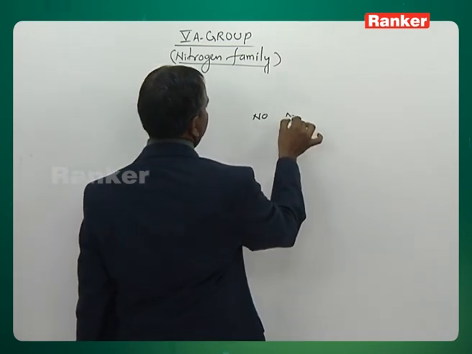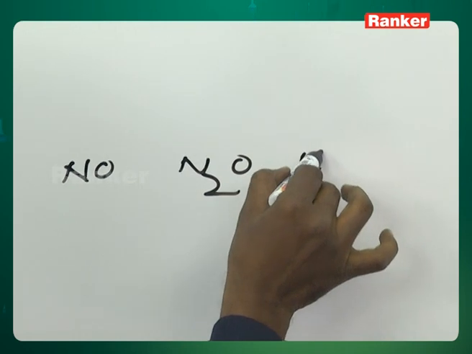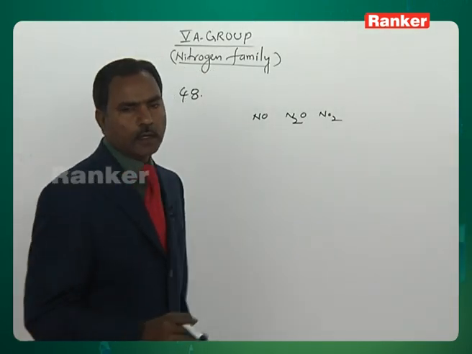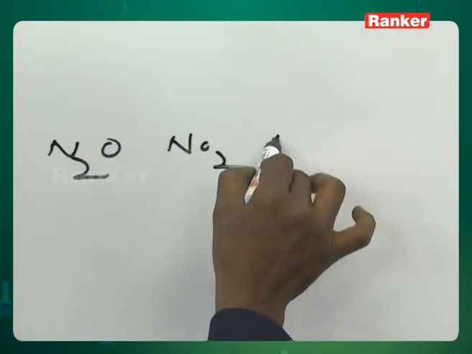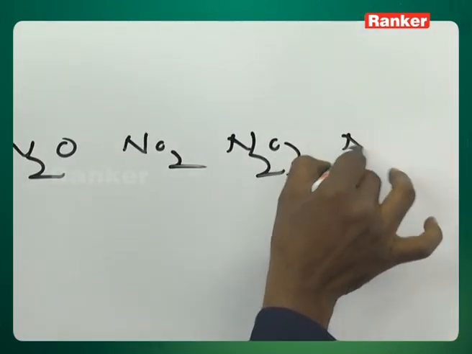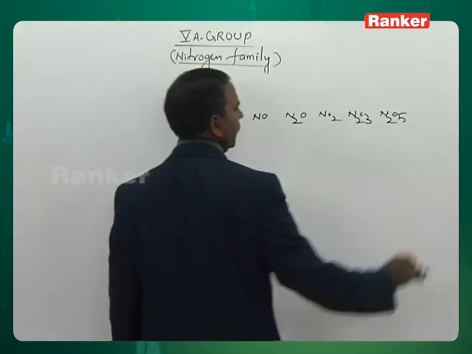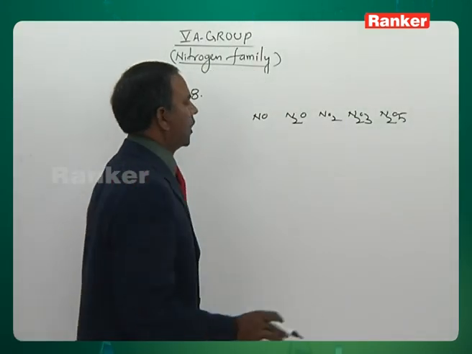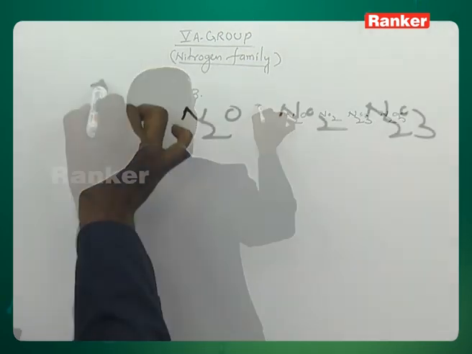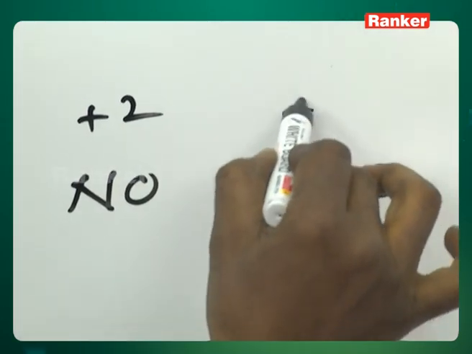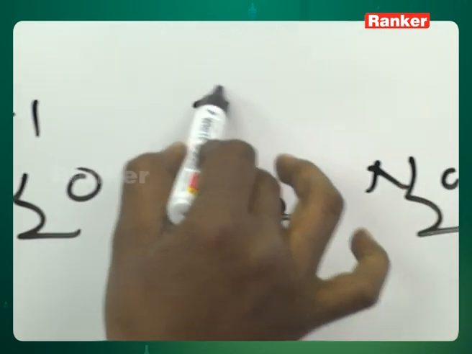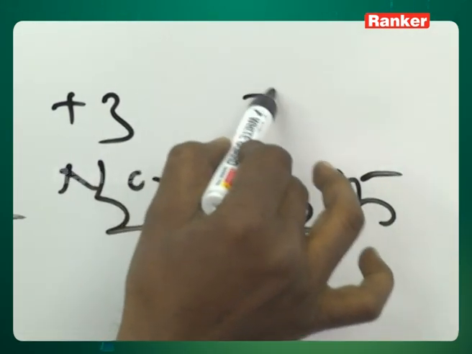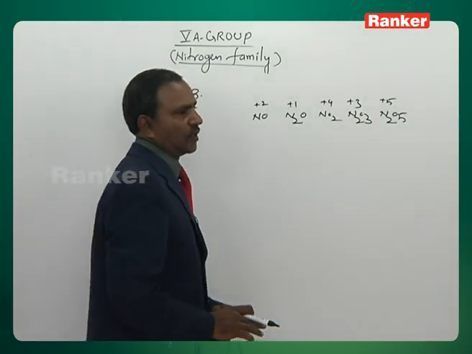NO, N2O, NO2, N2O3, N2O5. If we talk about oxidation numbers, these are plus 2, plus 1, plus 4, plus 3, plus 5. These are the oxidation numbers.